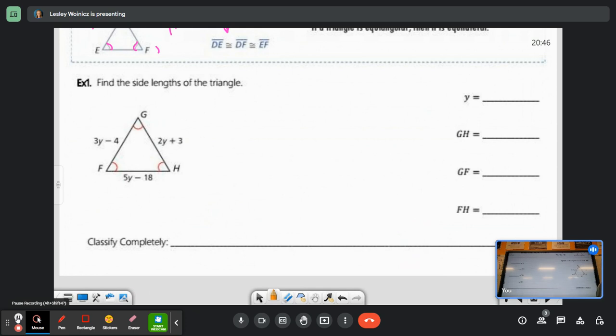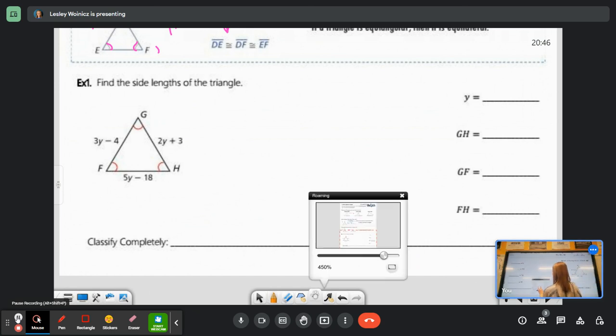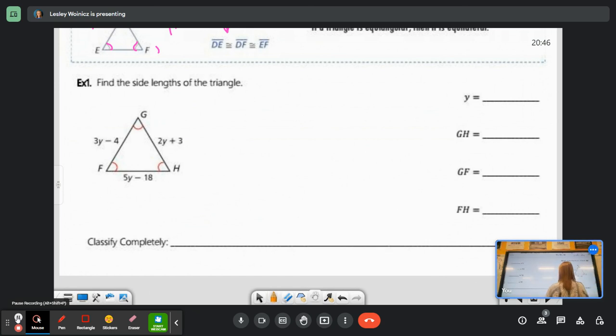So I'm going to use the equiangular triangle corollary and say that the sides are all congruent, so the sides have to be equal to each other.